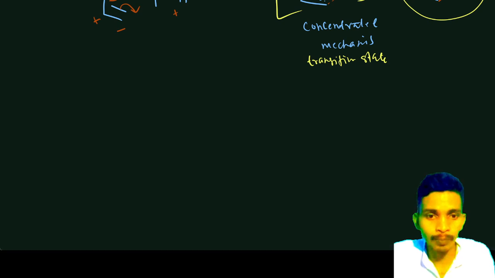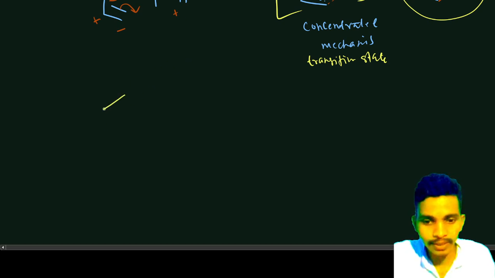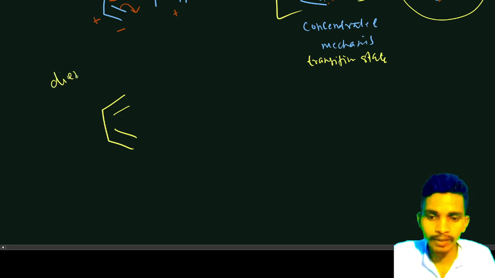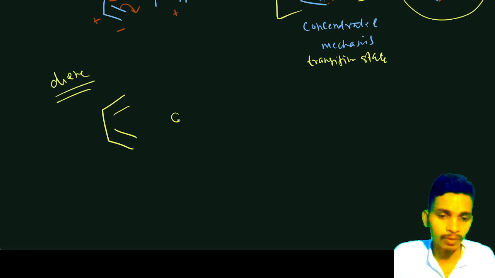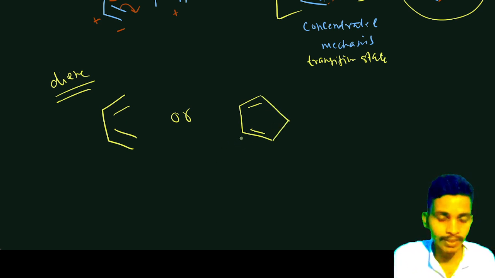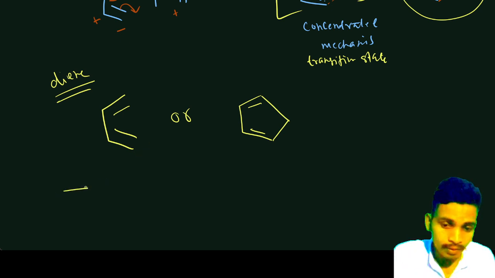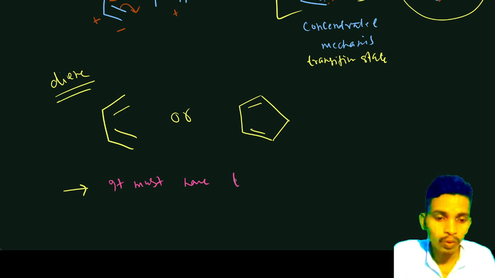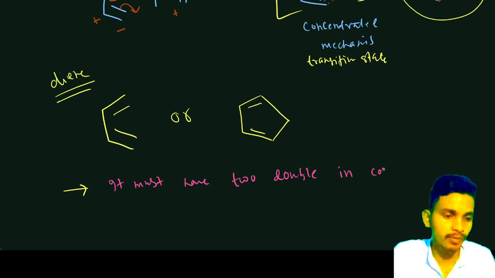For dienes, this is the diene. Sometimes this type of dienes will be represented, so there are varieties of dienes, but we should keep in mind that only one thing is fixed: it must have two double bonds in conjugation.